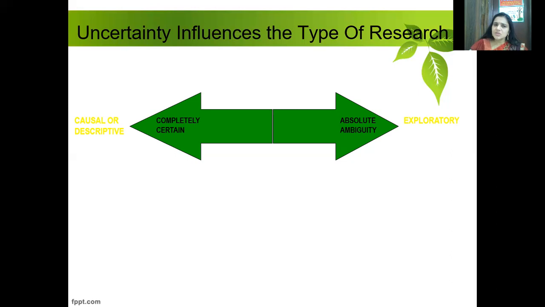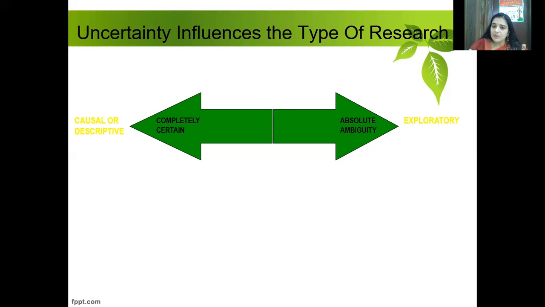There are three kinds of situations when we talk about uncertainty. One is complete certainty, another is complete ambiguity, where you don't know anything at all, and one situation is uncertainty, where you know a few things and you don't know a few things. That is also a situation when you can go for business research.